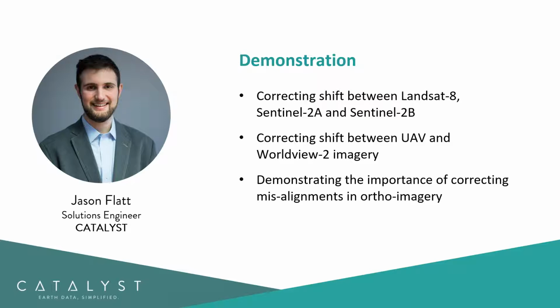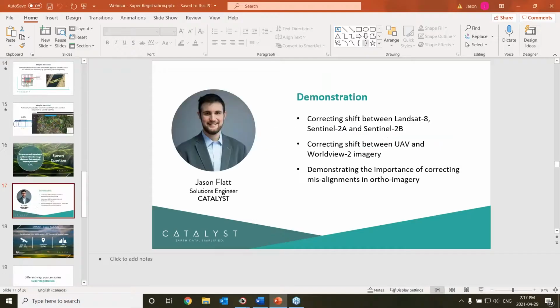We're going to see how the imagery is viewed in different sensors and see some misalignment. Then we're going to look at another example with UAV and Worldview 2 imagery. And lastly, we'll discuss and showcase the importance of correcting this misalignment in our ortho images.